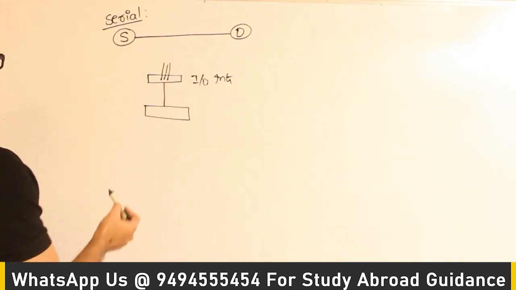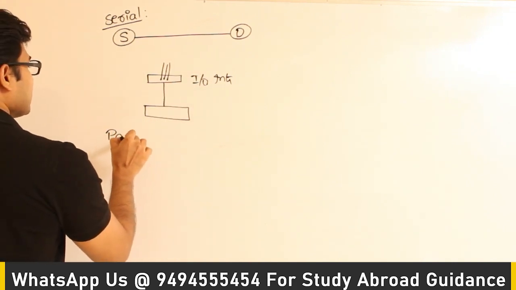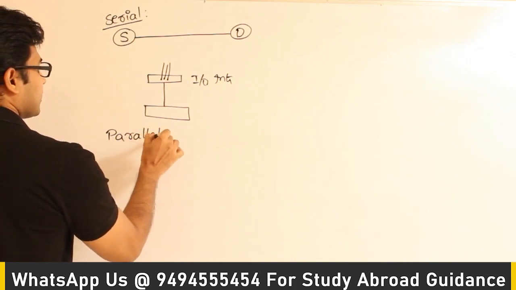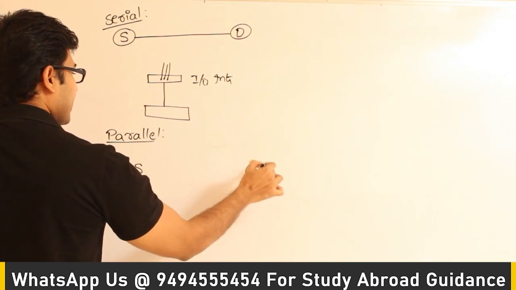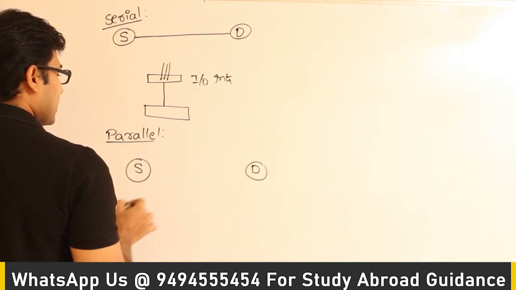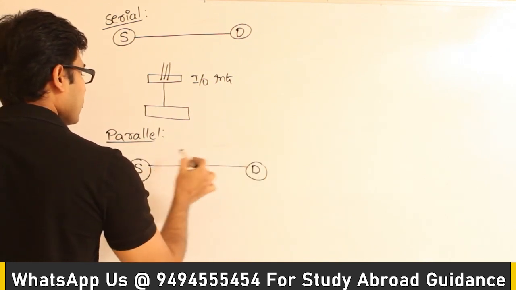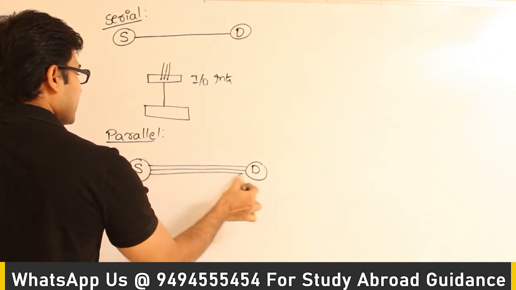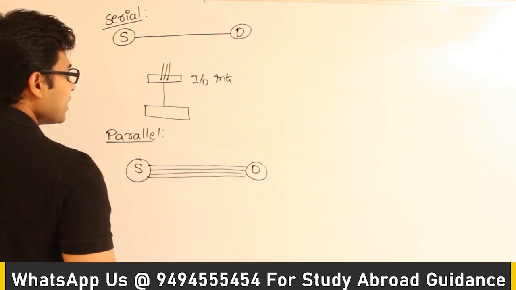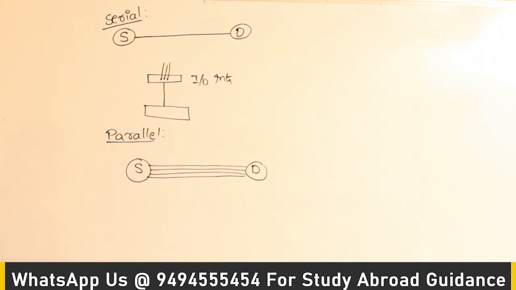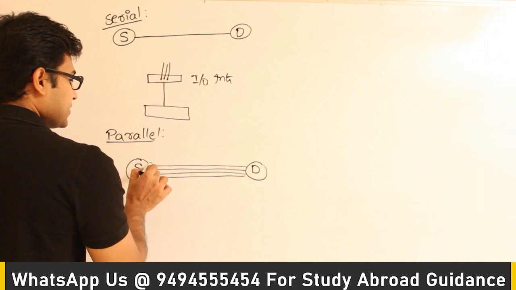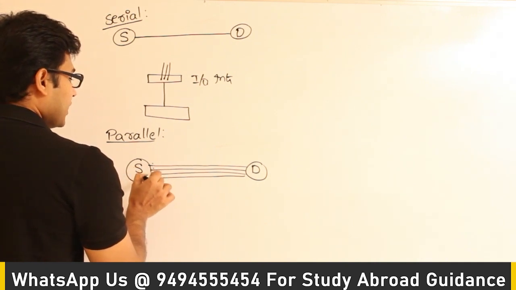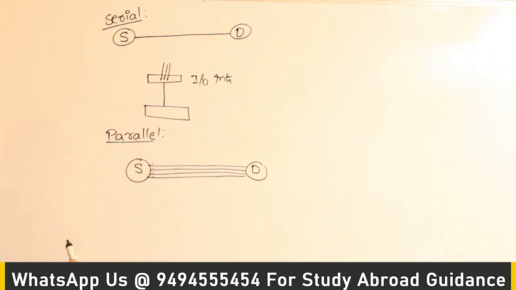You can think of parallel mode like this: you have source and destination, and you want to send some information. Parallel mode means we have more than one conductor, generally a group of 8, 16, or 32, and we transmit data in parallel on all the conductors. This is called parallel mode.